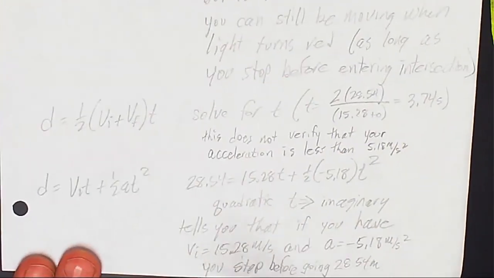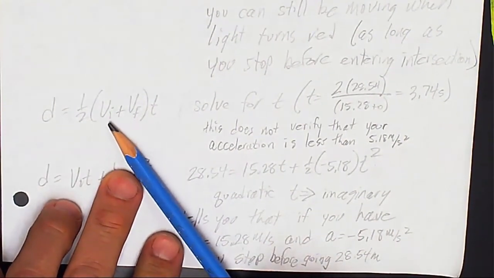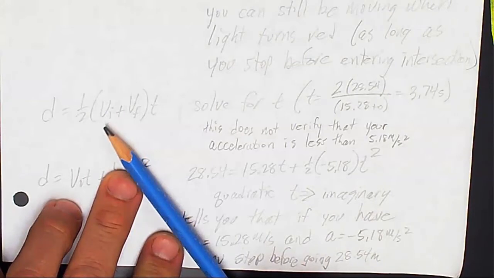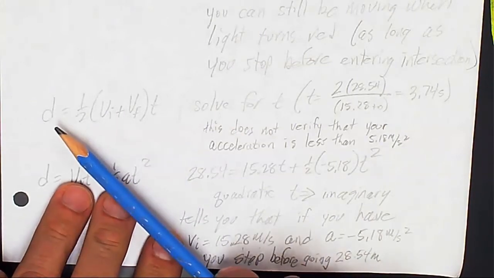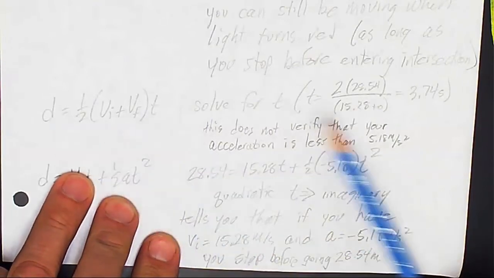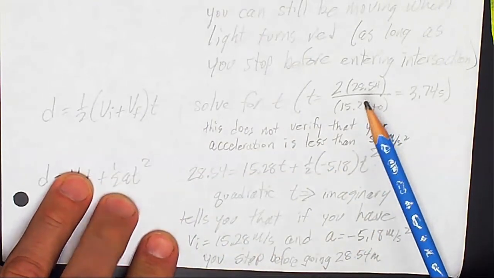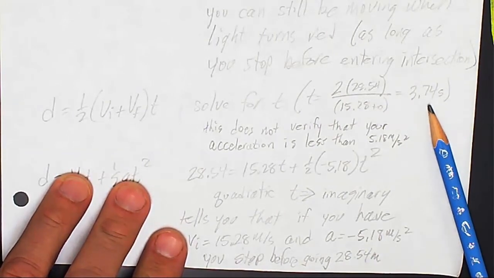What if I used this equation right here? So again, I plug in 15.28 for my initial velocity, 0 for final, and now I'm plugging in the maximum distance that I have to stop, 28.54, and I come up with a time of 3.74 seconds.